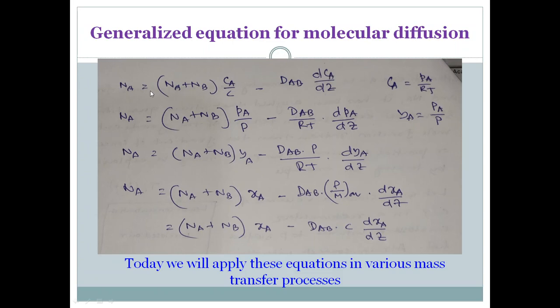This is the flux in terms of concentration. Then CA equal to PA by RT, then it will convert to NA equal to (NA plus NB) PA by P minus DAB by RT dPA by dZ.